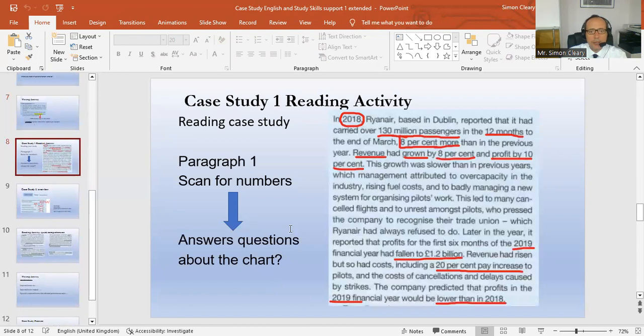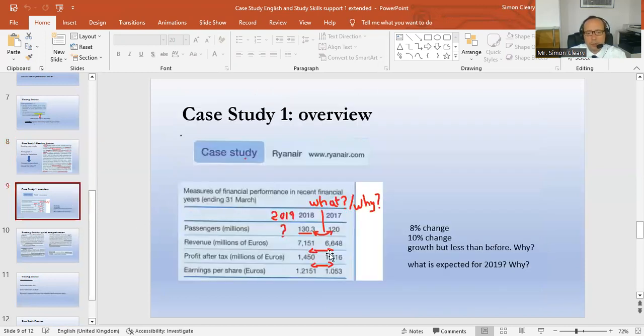Okay, so in the first one, I told you to scan for numbers in order to answer questions about the chart. So you obviously would have found the dates from 2018 giving these sorts of numbers, and then 2019 giving these sorts of numbers. And then we started to answer some questions about the charts. We started to ask some questions about what was going on.